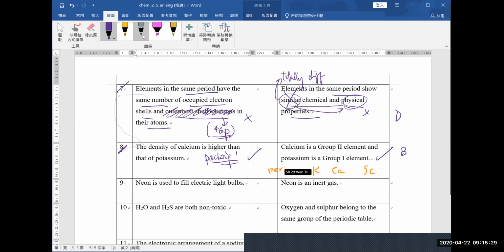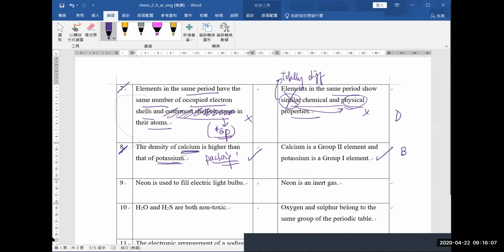In the exam, you can also use the periodic table to relate things. They are in different groups. Okay, one is group 1, the other one is group 2. So what's next? Yes, packing. It is something about packing. Now, as some of you have mentioned, the difference in packing in calcium and potassium.